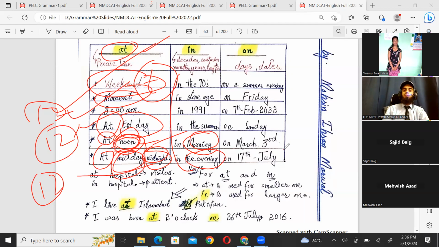Okay, so secondly, if you are going to mention the decades or centuries, a long period, like in the 70s, decade means 10 years duration.